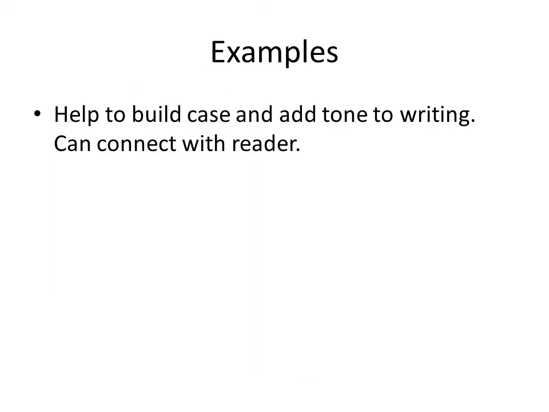All right, good. Now the next one is going to be an example, and it's just going to help build your case. So think about the weed paper once again.